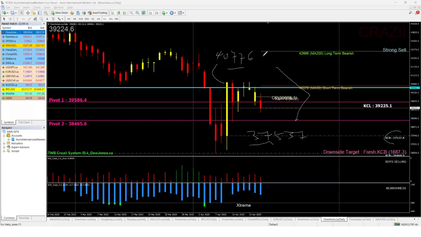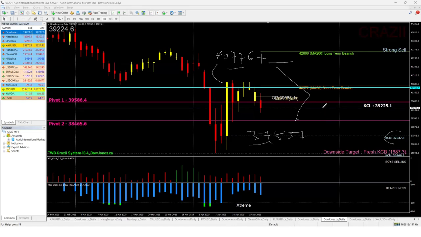Then you take this one and add it back to 40,776. So it's 40,776 minus 37,537. You get a number, and this number you add back to 40,776. You will get a number.